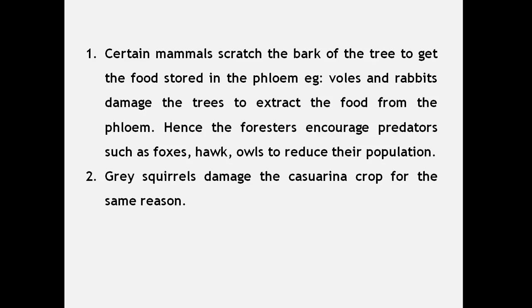For example, owls and rabbits damage the trees to extract the food from the phloem. So, foresters encourage predators such as foxes, owls, hawks, etc. to kill the owls and rabbits. And even the grey squirrels damage the casuarina crop at beaches and seashores for the same reason.